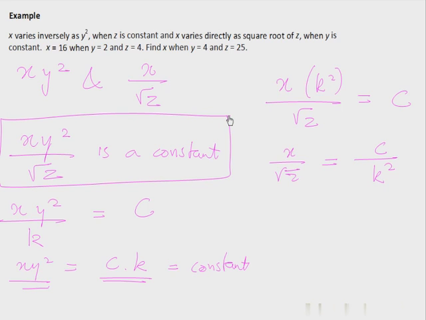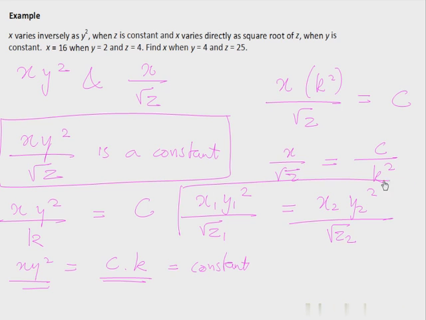So now I do my x1 y1 square over root z1 is equal to x2 y2 squared over root z2 to finish off the question. Let's do it in this tiny place. x1 y1 square over root z1 equal to x2 y2 square over root z2. Plug in values and there'll be one value left.